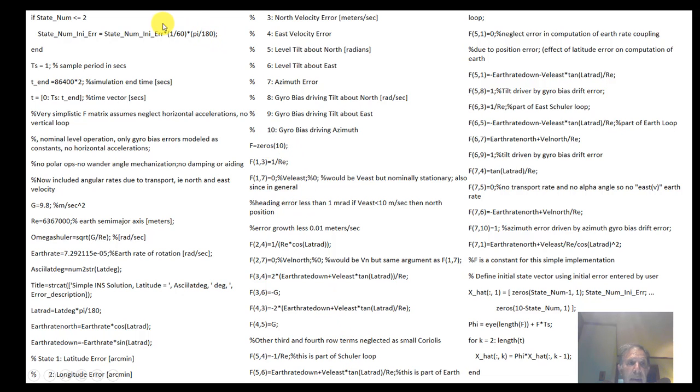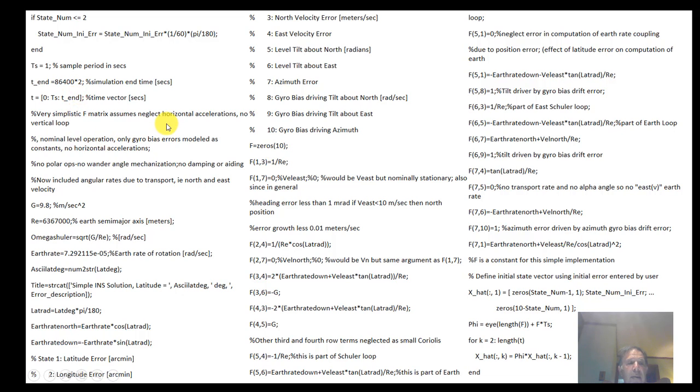And then in the second page of the program, shown here, we run the program, as you could see from the simulations in the previous few slides. We run the program for 2 days, iterating at 1 second at a time. The 2 days is represented by 86,400 seconds in a day times 2.